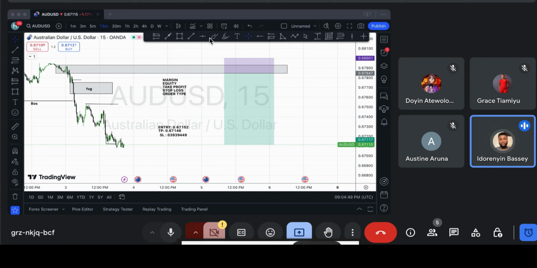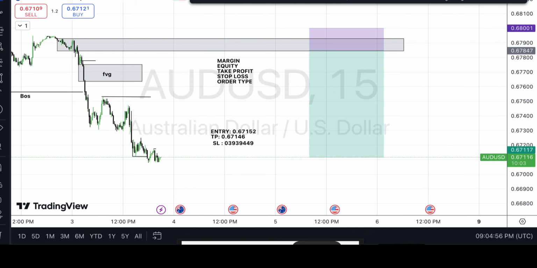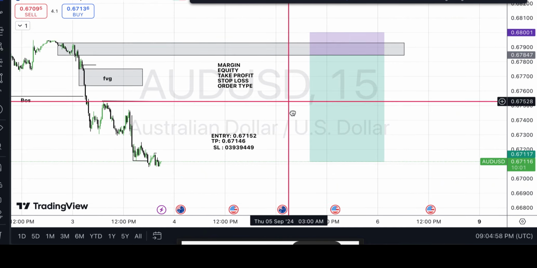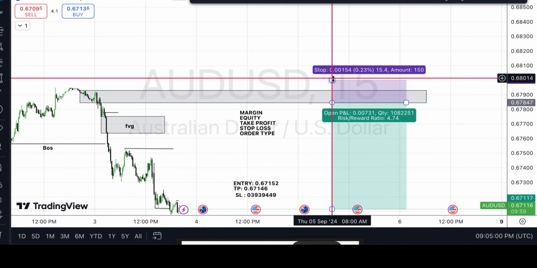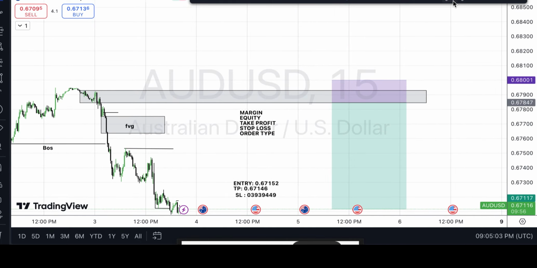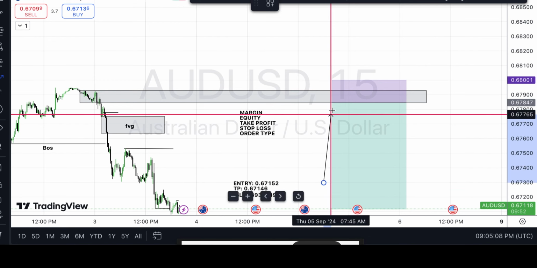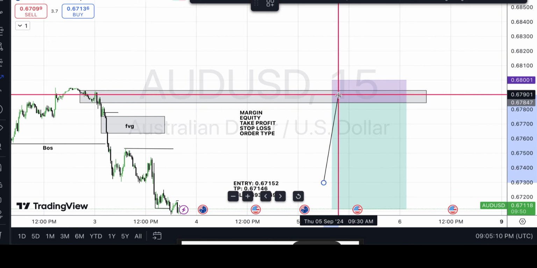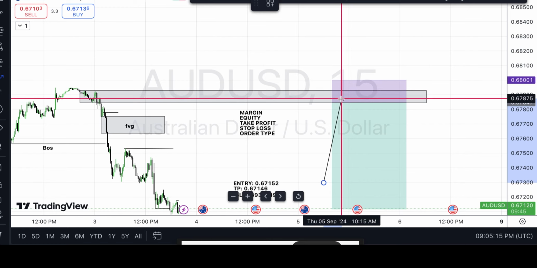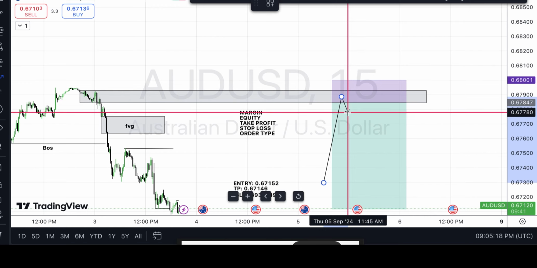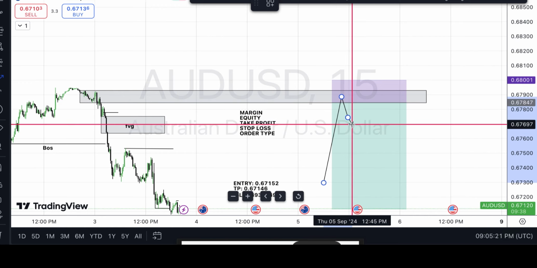If you are a trader that is not sure about yourself or doesn't know proper risk management, let's say this is your stop loss here. For example, let's say price got to your POI. So this is where you wanted price to sell from, and when price got to that place, price started to sell a bit, and then it sold to this zone.